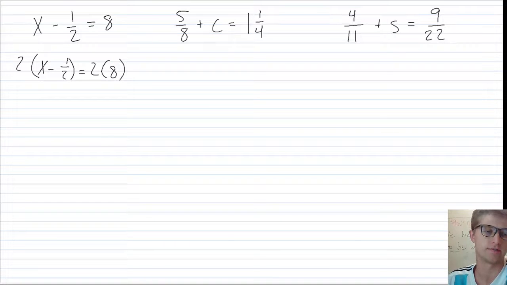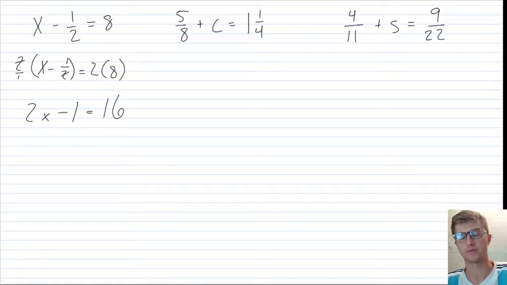Let's start with the left. We multiply our 2 by each term, so x and negative 1/2. What's 2 times x? 2x. What is 2 times negative 1/2? Well, we can treat it like a fraction. Cancel, cancel. We're just left with 1, but because of the negative, it's negative 1. Now on the right, 2 times 8 is 16.